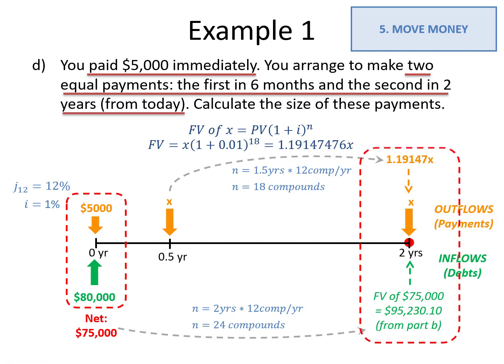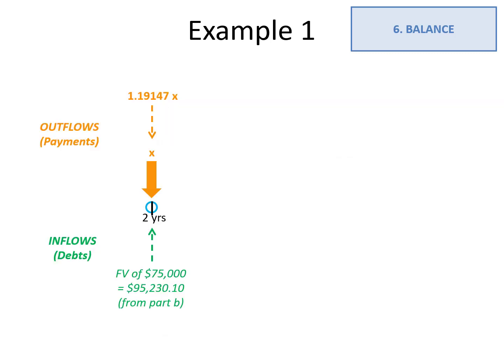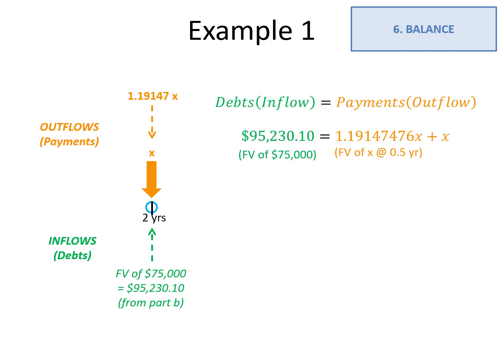So then I sum up all of the values at that focal date, at that 2-year mark, and I balance out this equation. Again, blowing this up on the next slide. I have my outflows, my inflows, and I'm trying to make them equal. So I have my one value on the debt side, the $75,000 that we calculated the future value of, to be $95,230.